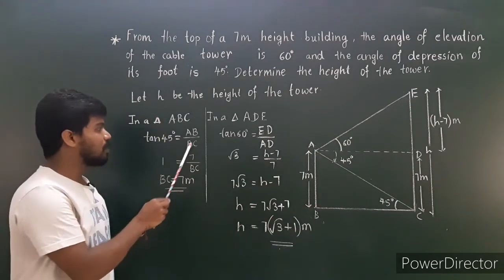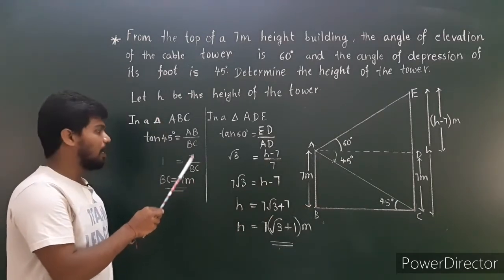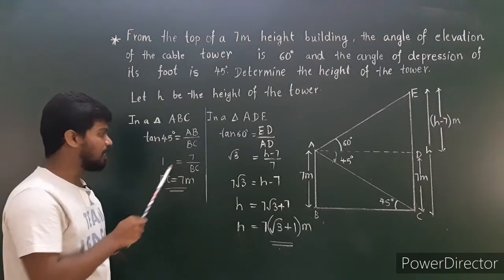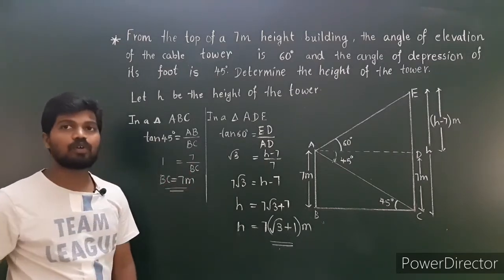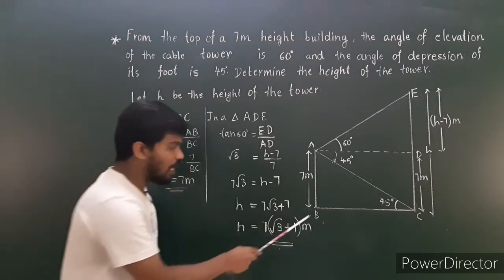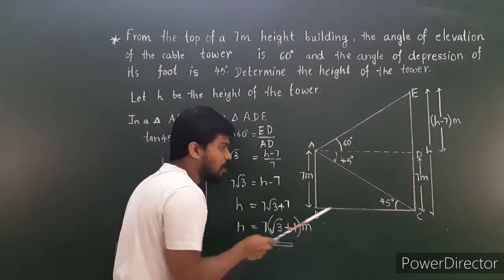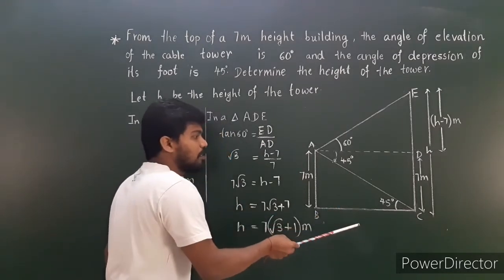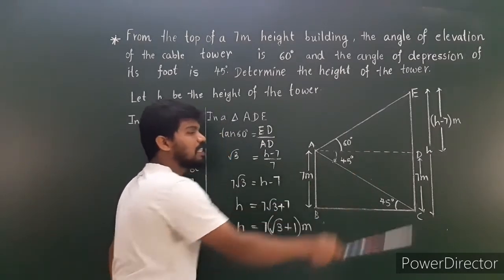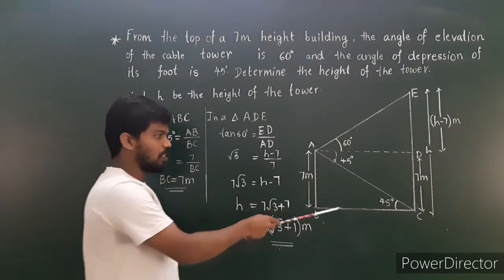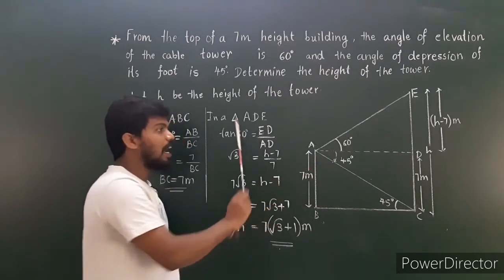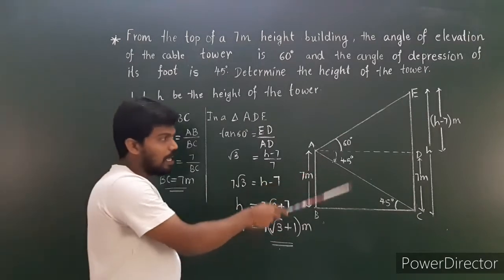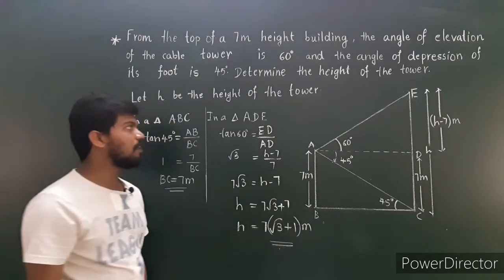You know that AB is 7 meters, substitute here, and BC as it is, using cross multiplication you get BC equal to 7 meters. So now the distance from here to here, BC, is 7 meters. Therefore, AD is also 7 meters. So you know that both the sides are equal.